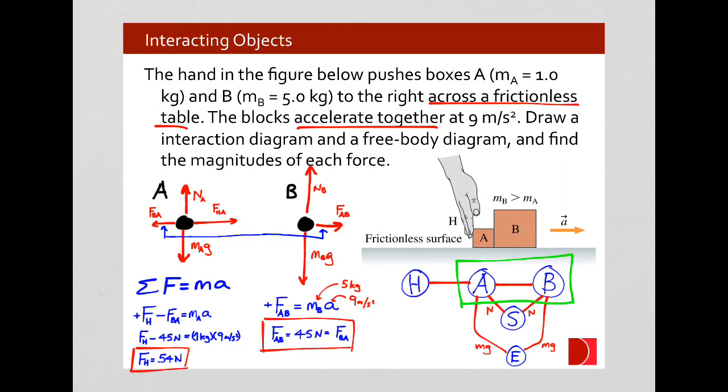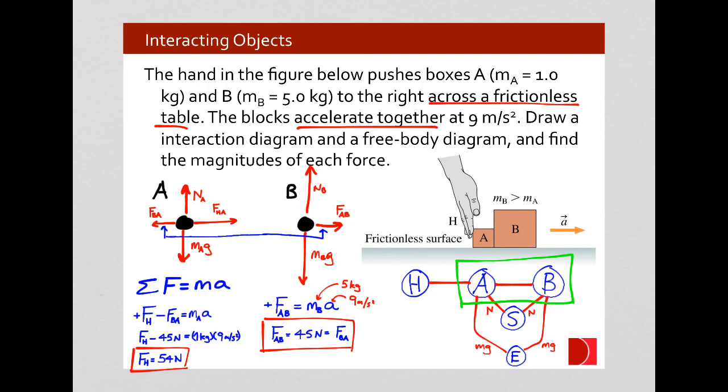This 54 newtons makes sense. We can double check it. We know that this internal force of B pushing on A and A pushing on B keeps the system together. It keeps the two blocks moving together, but it can't actually make the system move.